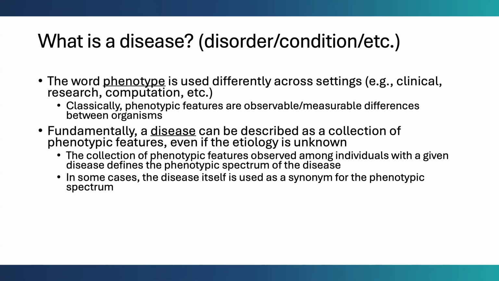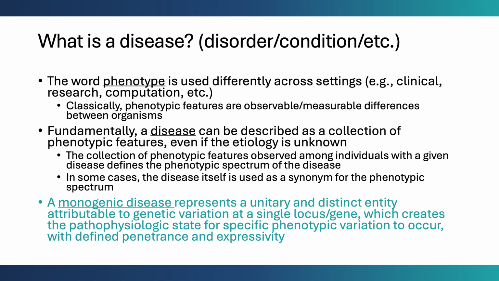But ultimately, we landed on, for a monogenic disease, that it represents a unitary and distinct entity that's attributable to genetic variation at a single locus or gene, which creates a pathophysiological state for specific phenotypic variation to occur, and it's defined by penetrance and expressivity. Now, that's very big.